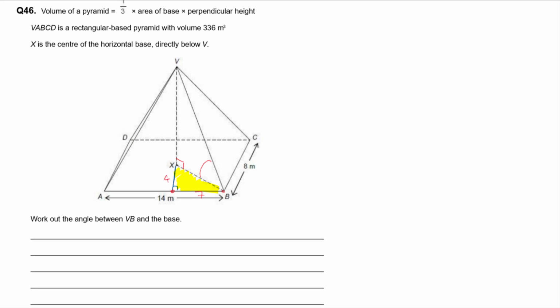So then I can work out XB from that. XB squared is equal to 4 squared plus 7 squared using Pythagoras theorem. So that's 16 plus 49, which adds up to 65. So XB then is the root of 65. I'm just going to leave it as the root of 65 for now.